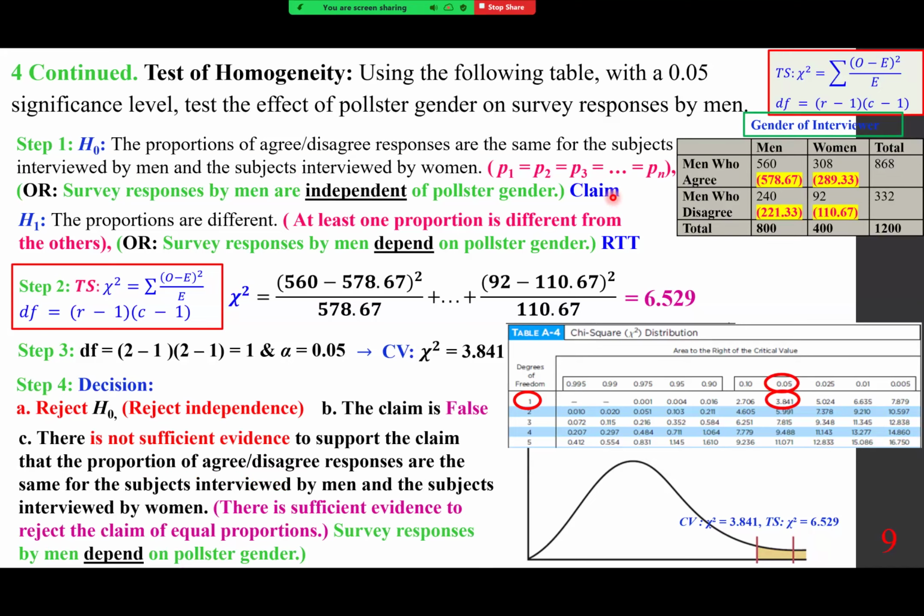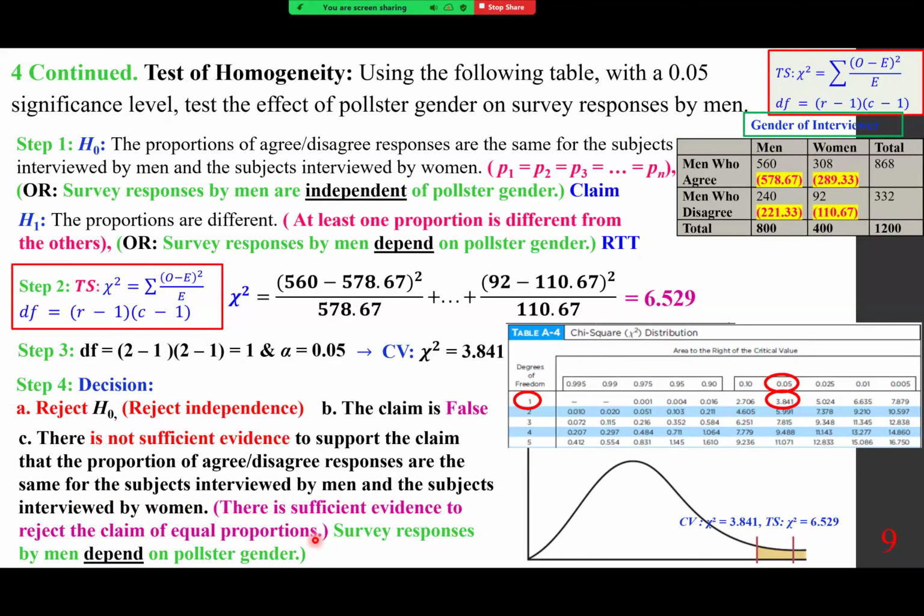There is not sufficient evidence to support the claim that the proportions of agree/disagree responses are the same for the subjects interviewed by men and the subjects interviewed by women. The second method to write it: there is sufficient evidence to reject the claim of equal proportion. The third method: survey responses by men depend on poster gender.